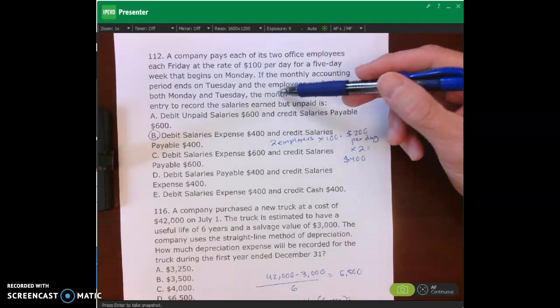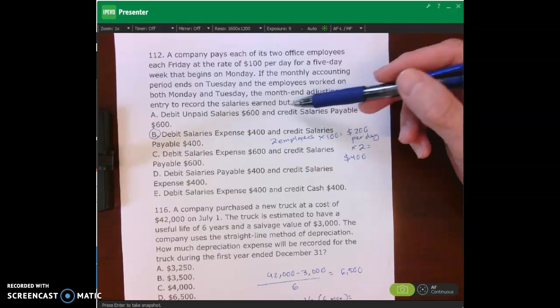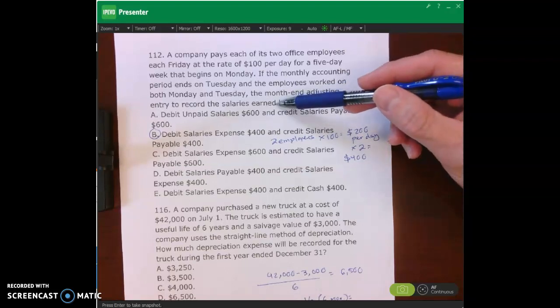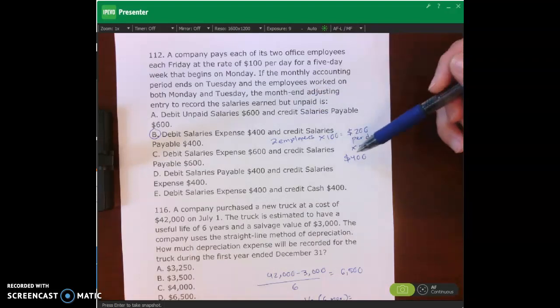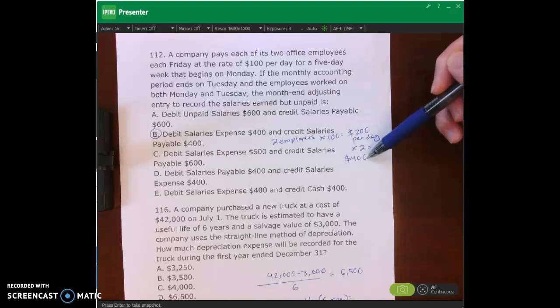We have to look at our month-end adjusted journal entry to record salaries that they have earned, but we have not yet paid them. That's the example that we did earlier in the notes, where we debited salaries expense and we credited salaries payable for $400. Okay?